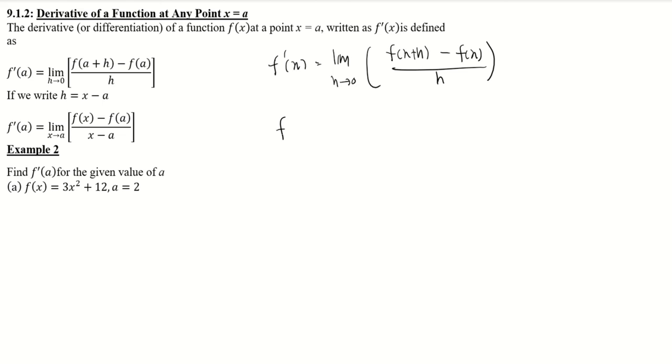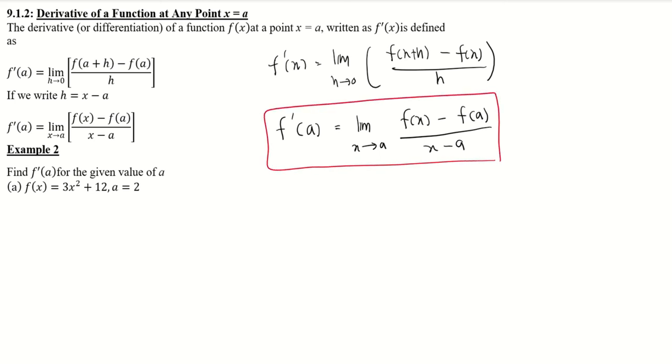When we want to find the derivative at a point a, we're going to use the limit of x approaches a of f(x) minus f(a) over x minus a. So if we want to find the derivative at the point x equals a, we're going to use this formula.